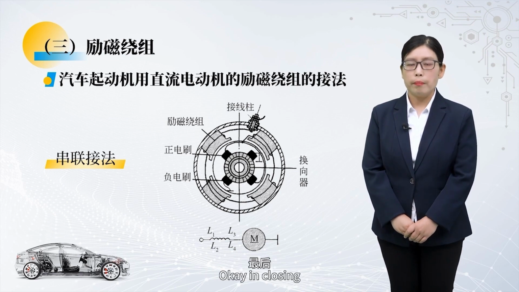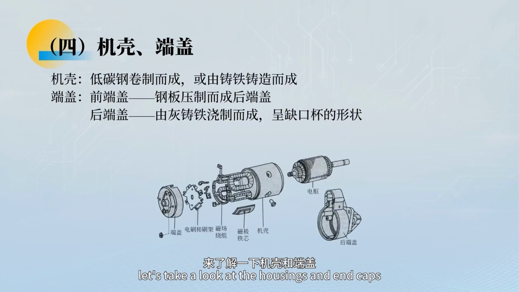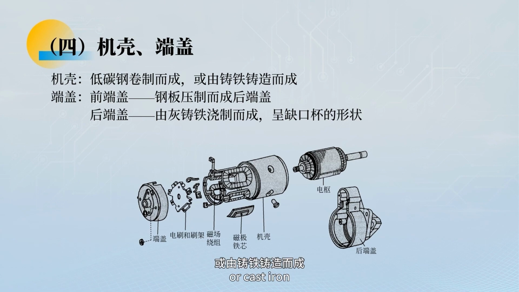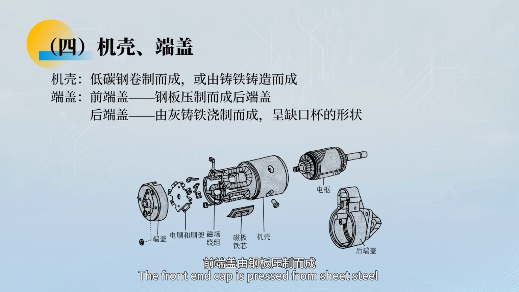Okay, in closing, let's take a look at the housings and end caps. The housing part is made of rolled low carbon steel or cast iron. The end caps have front and rear. The front end cap is pressed from sheet steel, and the rear end cap is cast from gray cast iron in the shape of a notched cup.